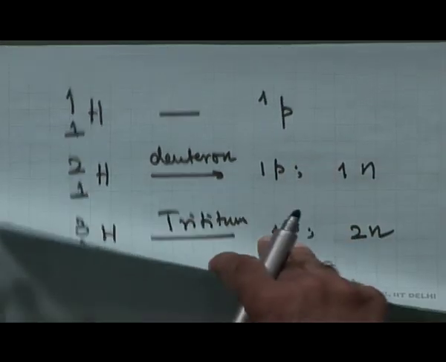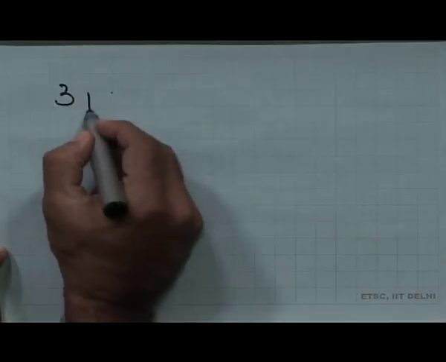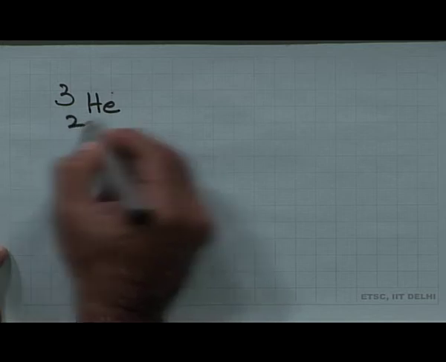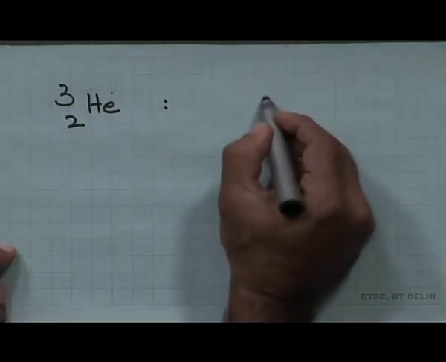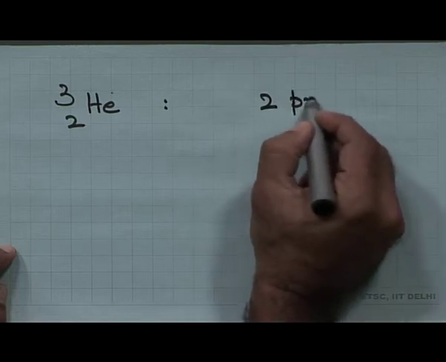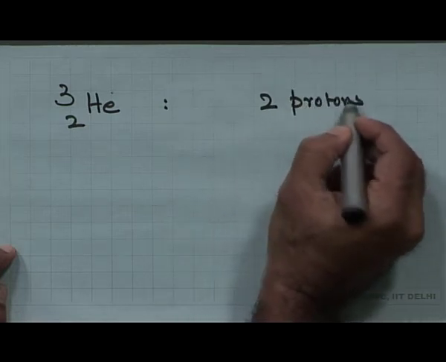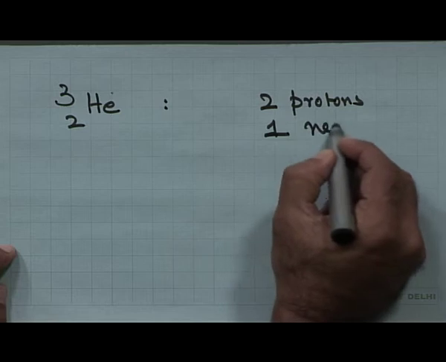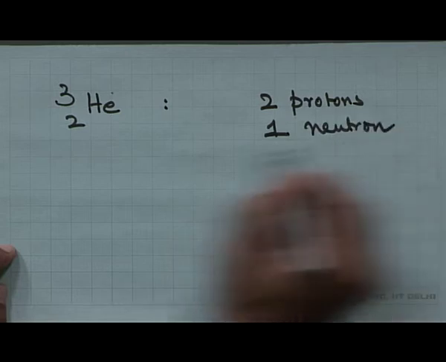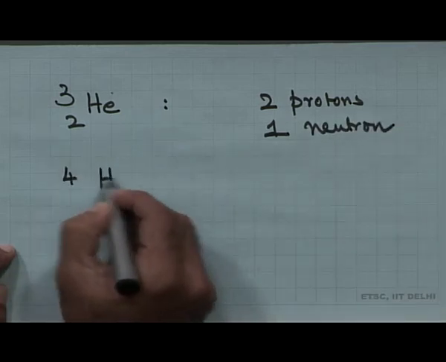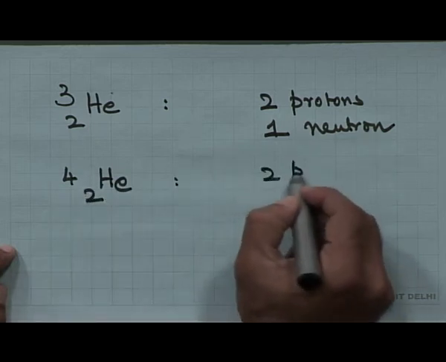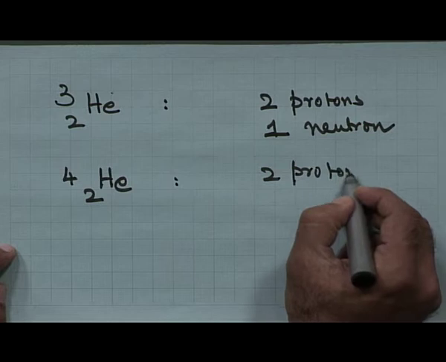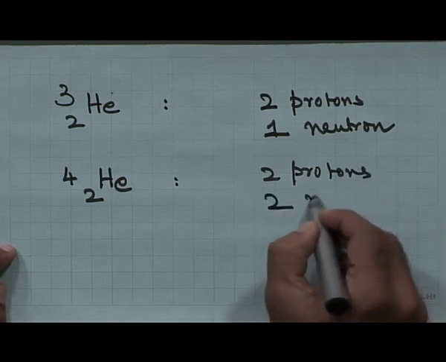Then I am going to make a list of some more nuclei for you. For example, you have helium-3 consisting of what? 2 protons, 1 neutron, and then of course you have the very, very stable nucleus, 2 protons, 2 neutrons.